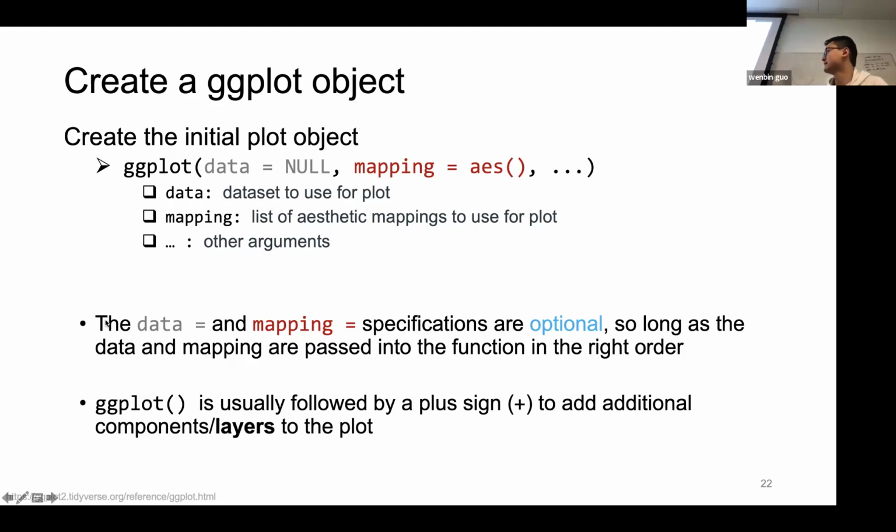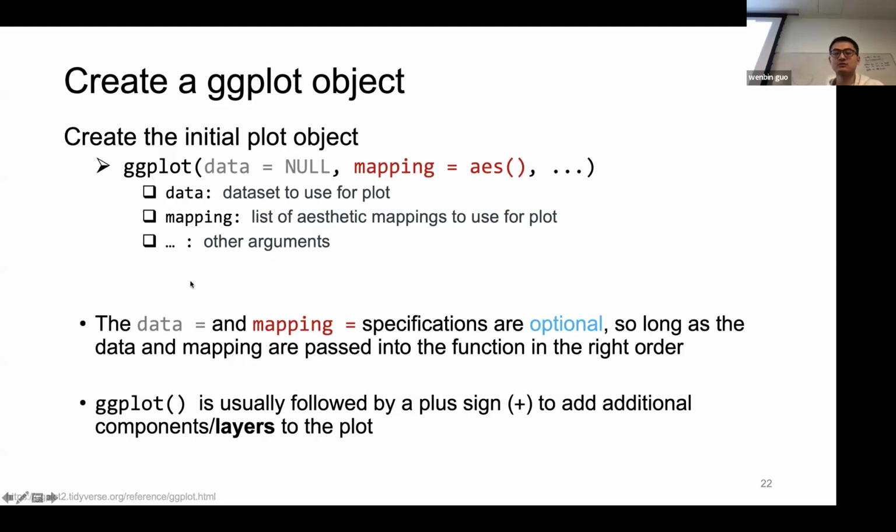Here the data and mapping specifications are optional. You don't need to type in everything. For example, you can put your data frame name as the first argument and the aes mapping as the second argument, so you don't need to write data equals and mapping equals. As long as you pass them in the right order into the function, that is fine.